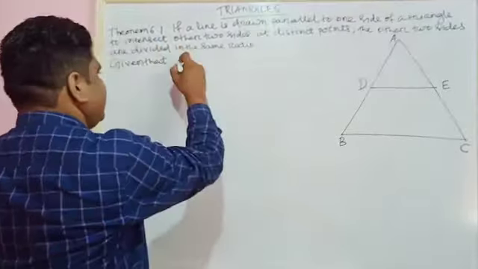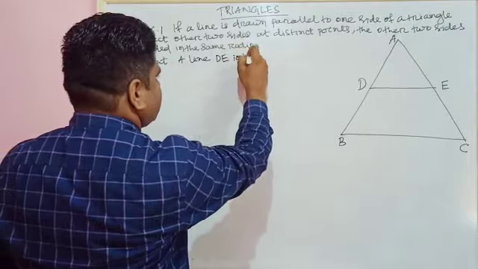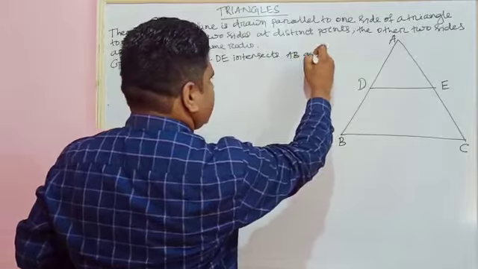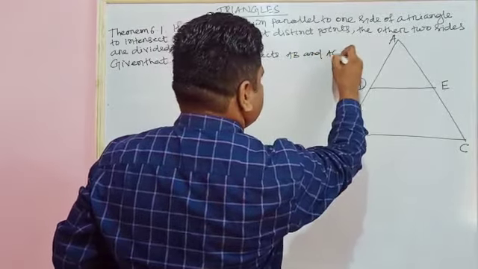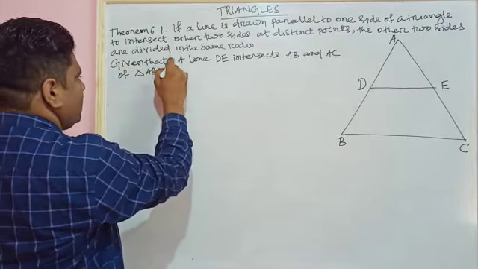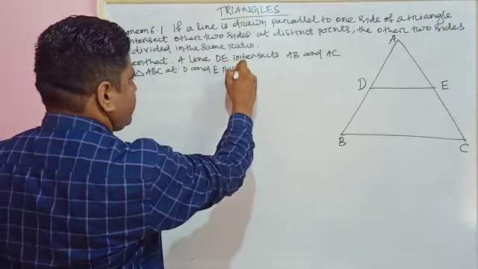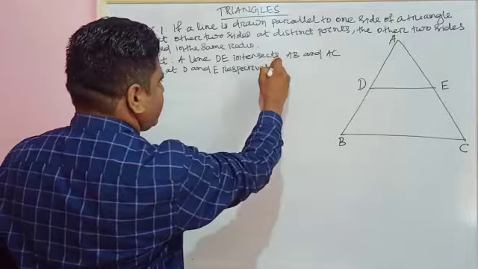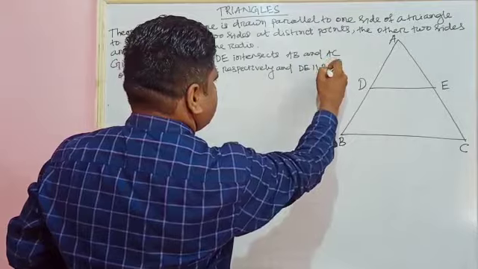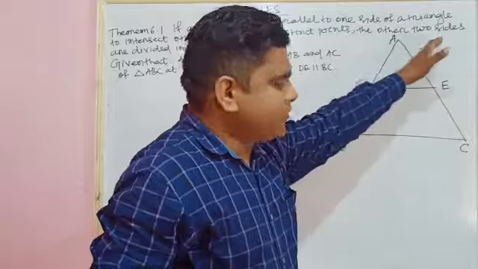So a line DE intersect AB and AC of triangle ABC at D and E respectively, and DE is parallel to BC. The part of the statement after this one will be our proof.